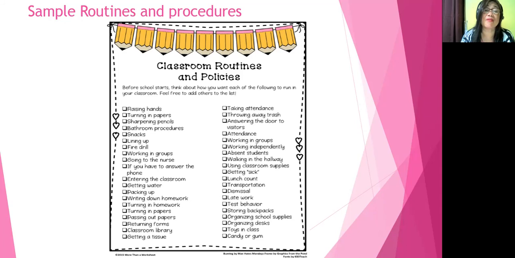Like for example, if they are absent, what they have to do. I think about absences, there are also rules of the school, so it should also be aligned in your classroom.